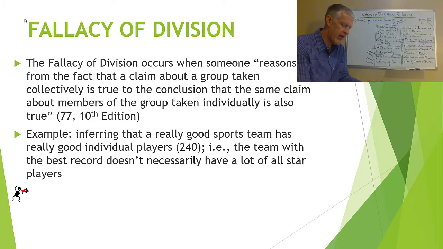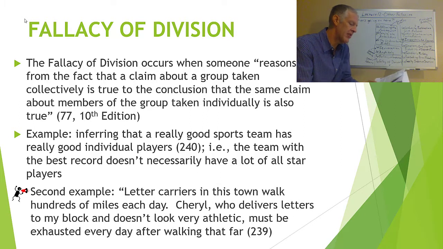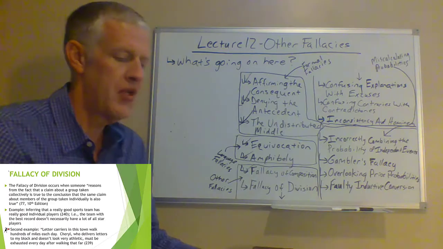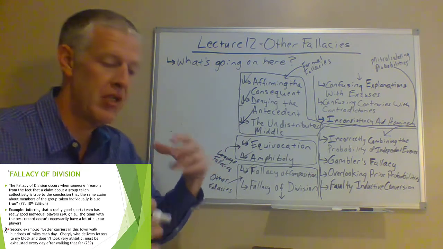Another example they provided on page 239 is the mail carrier example. Quote, letter carriers in this town walk hundreds of miles each day. So they're saying something about what's true of the group. And then they immediately say, Cheryl, who delivers letters to my block and doesn't look very athletic, must be exhausted every day after walking that far. They mention how this is related to grouping ambiguity.